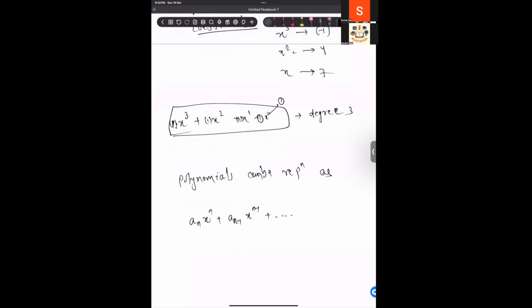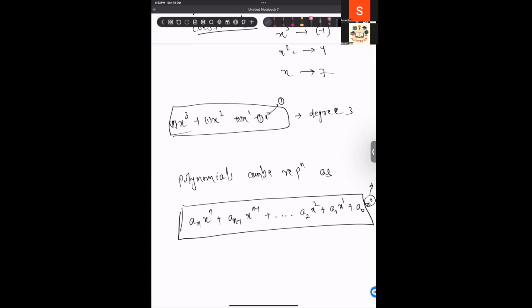Dot dot dot, similarly a_(n-2) x to the power n minus 2, and similarly we come to a_2 x to the power 2 plus a_1 x to the power 1 plus a_0 x to the power 0, which goes without saying becomes 1. So this becomes the expression of the polynomial.